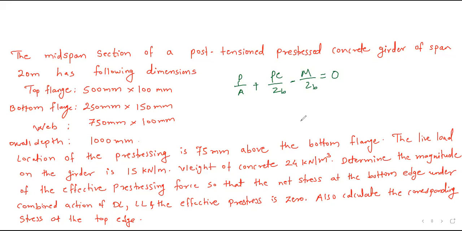448.07 from top. This answer is correct. So from top it is 448.07. This is your y top. So what is y bottom? From neutral axis up to the bottom, what is the distance?